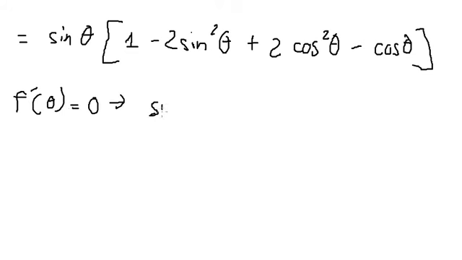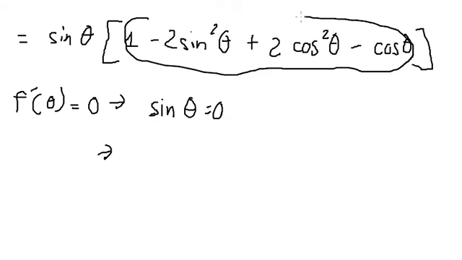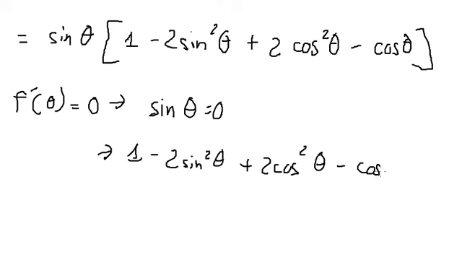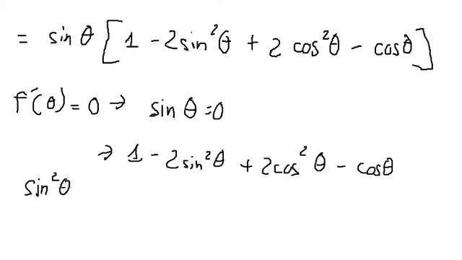That means sine theta equals 0. And the second one, that is this one, equals 0. So we know that sine theta squared plus cosine theta squared equals 1.